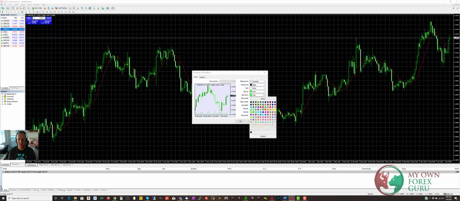Bar up, bar down. Bar down is red, bar up is green. Bull candle is green, bear candle is red. Line graph, we can keep that at lime. Volume, take something that pops out.